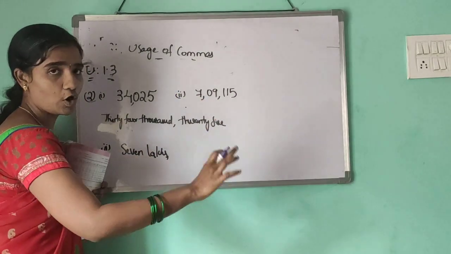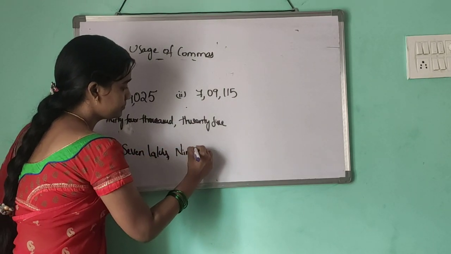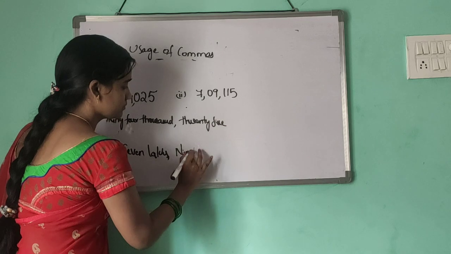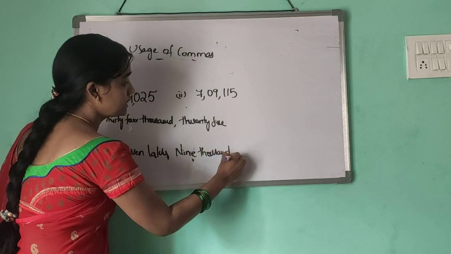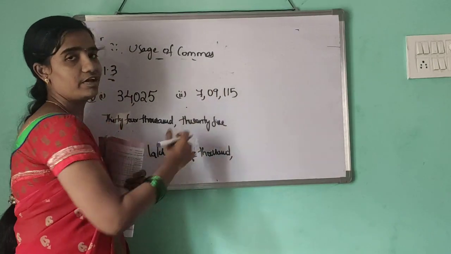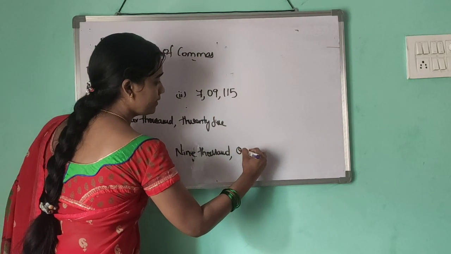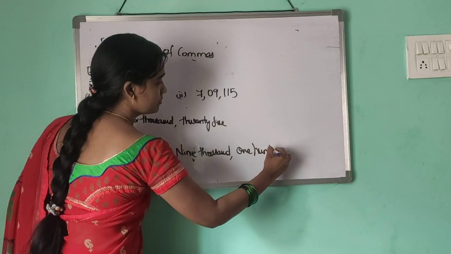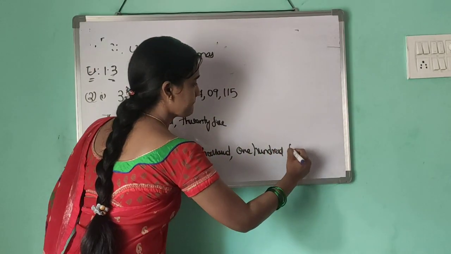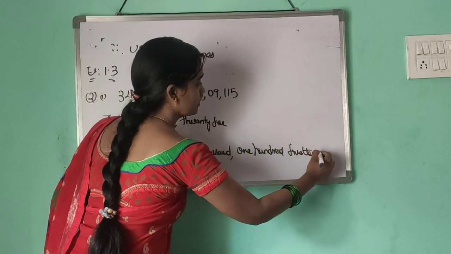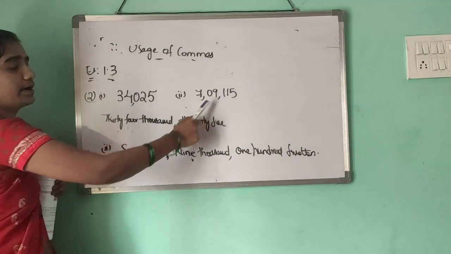Coming to next, 0 is not counted, 9,000. Then 115: the first one is in the hundreds position, so 100. 15 means 50, so 150. So 7 lakhs 9,115.